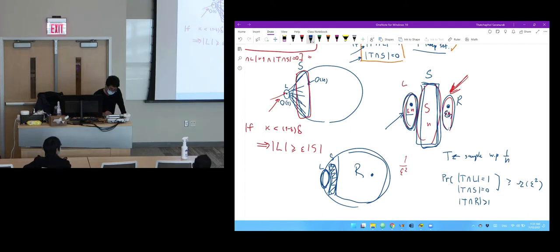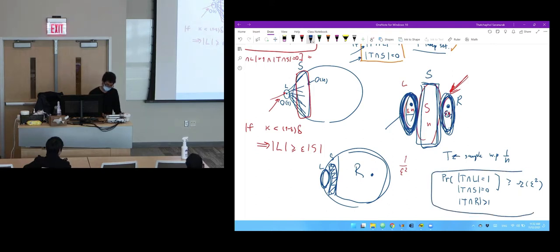Basically in expectation you sample epsilon guys here, and you expect to sample epsilon guys here, and this is just making it precise, I guess.